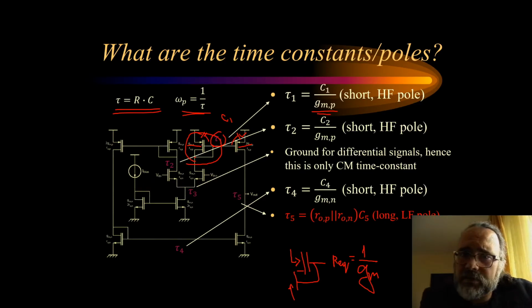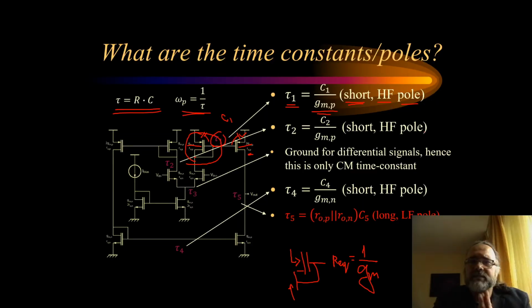And this will be a small value, 1 over GM, because GM is usually a large value. So nothing to compare with the kilo ohms of the output resistance. So this means that the time constant associated with this node, tau1, will be a short time constant, or it will create a high frequency pole.